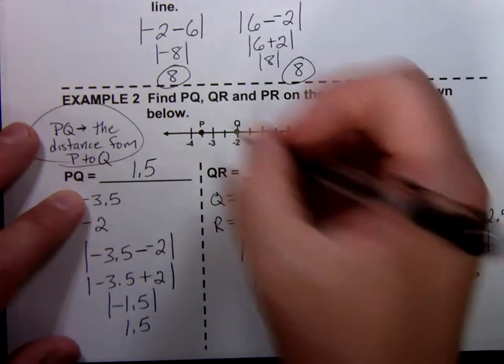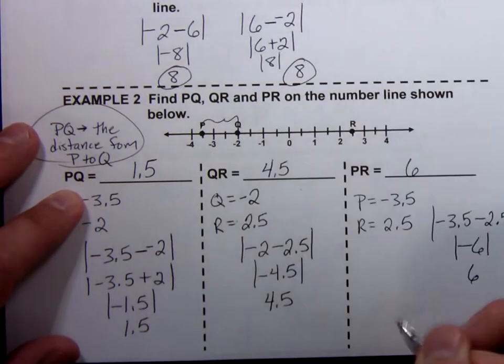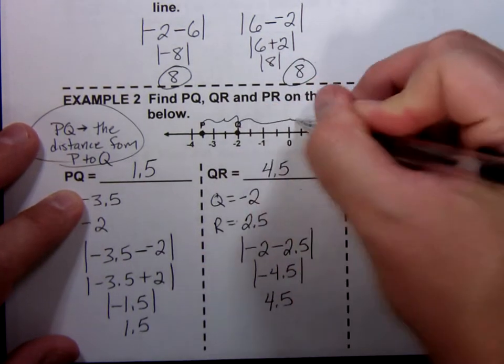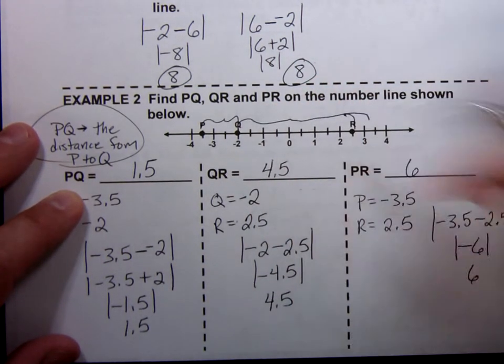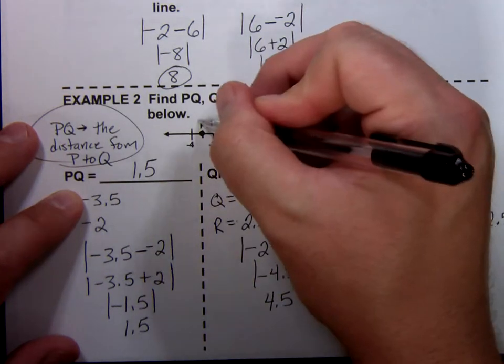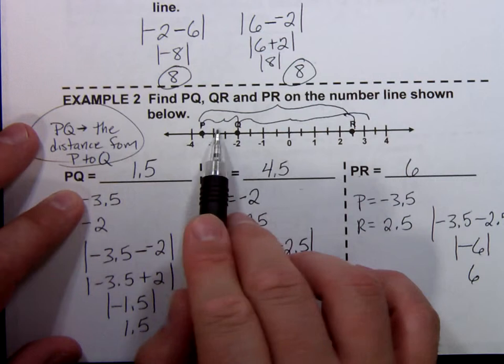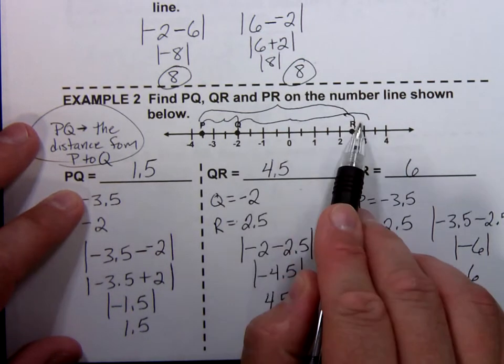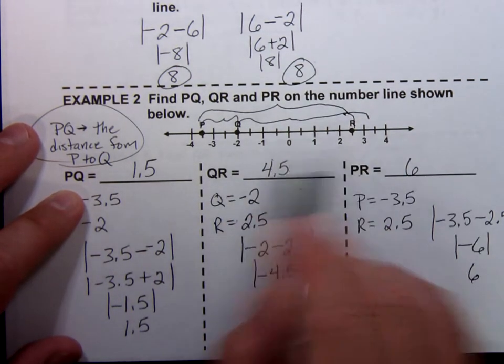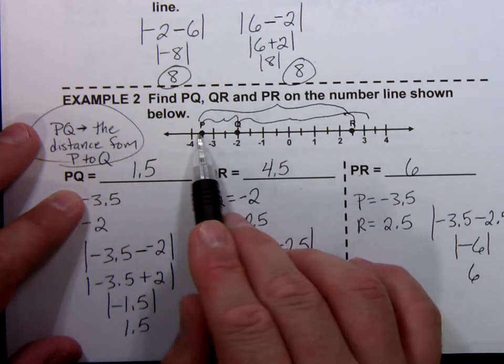So here's P to Q, here's Q to R, and then we got from P all the way over to R. And so 1.5 plus 4.5 equals 6. These 2 segments add up to equal the larger segment.